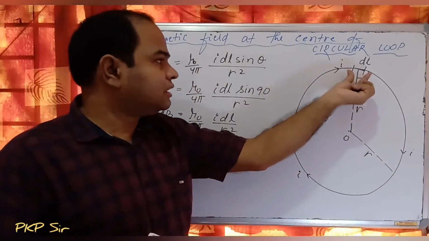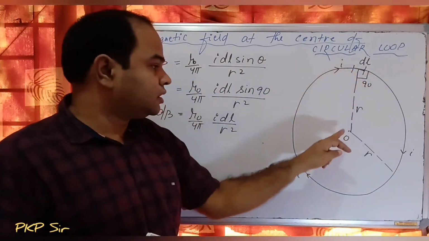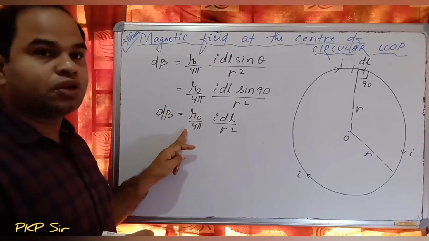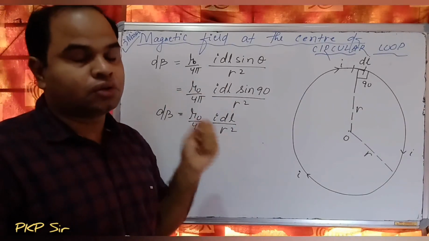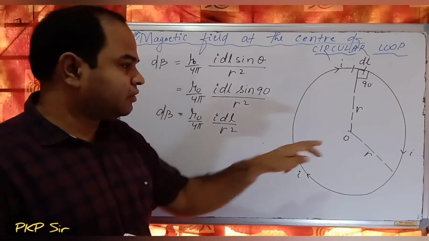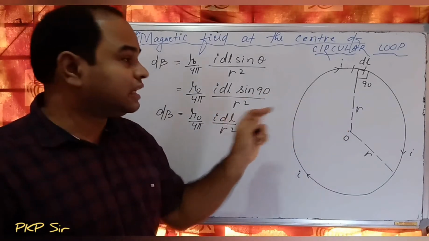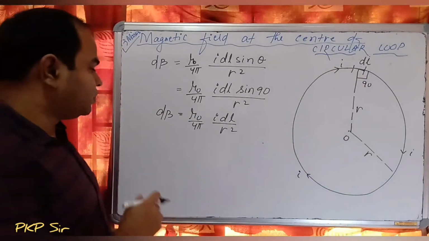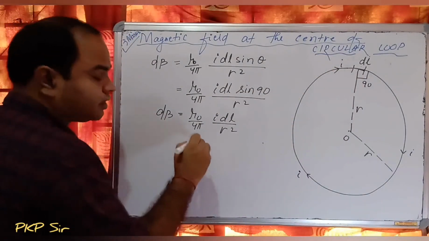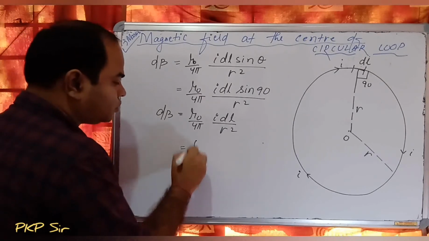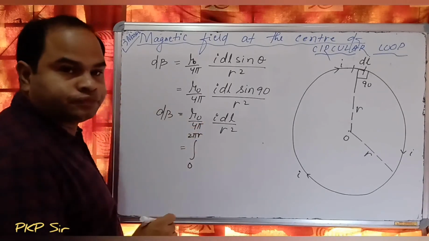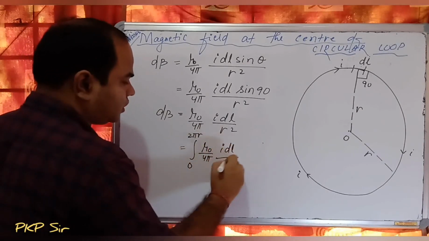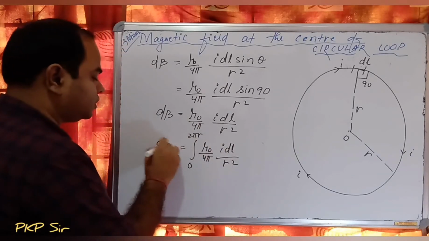If we integrate across the circumference, it will be from 0 to 2 pi r, mu naught by 4 pi I dl by r square, and dB from 0 to B.